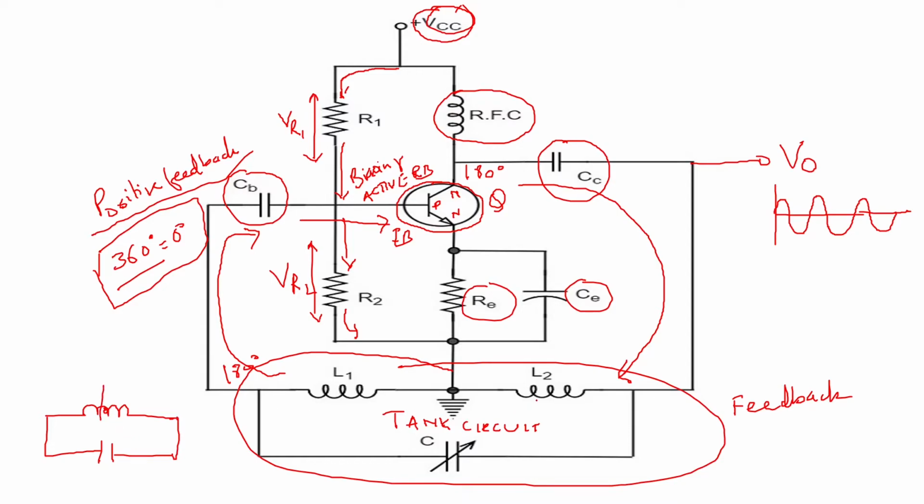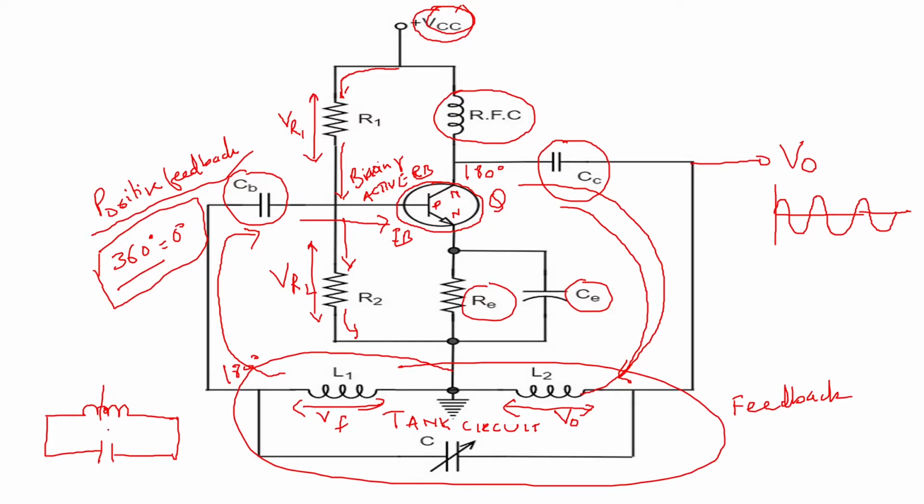Here, by splitting the inductance, whatever feedback voltage you get will be developed across your L2, that is your output voltage. Output voltage will be developed across L2. That voltage will be given here, which will be your feedback voltage, which will go as the feedback to the input. Clear?